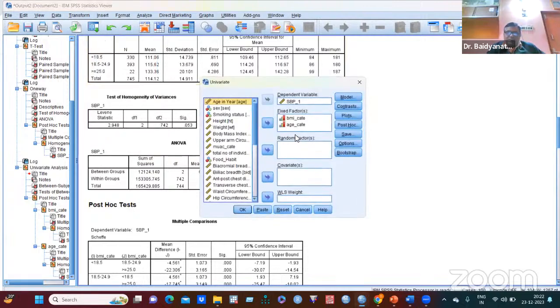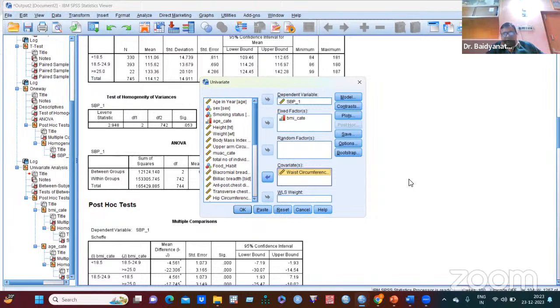From here we can perform this one. So I remove this one and SBP, and suppose here waist circumference. Suppose waist circumference is highly correlated with systolic blood pressure. That means some effect is there.